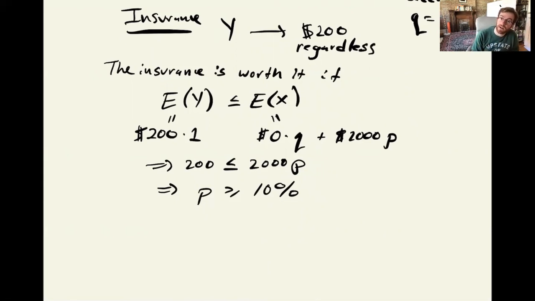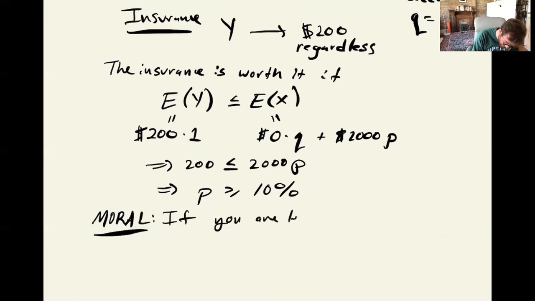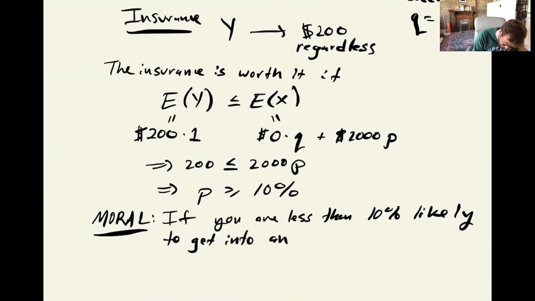The real reason why you shouldn't buy car insurance is that if you use a major credit card, it usually comes with extra insurance already built into just using a Visa or something like that. Anyhow, the moral here is that if you are less than 10% likely to get into an accident, don't buy it.